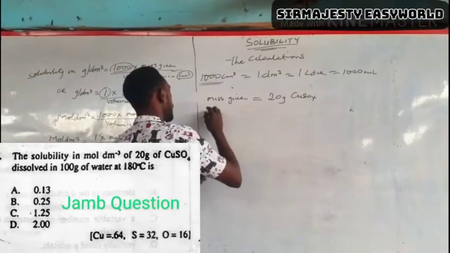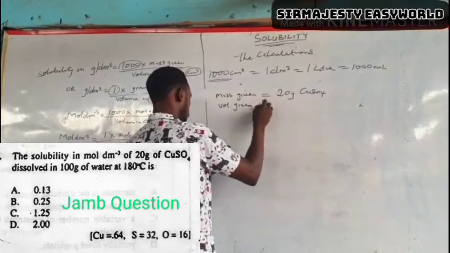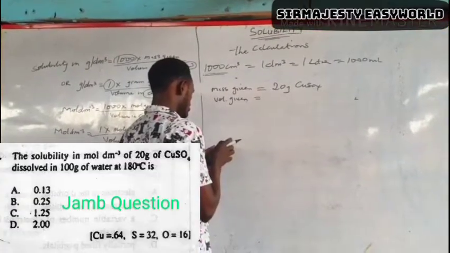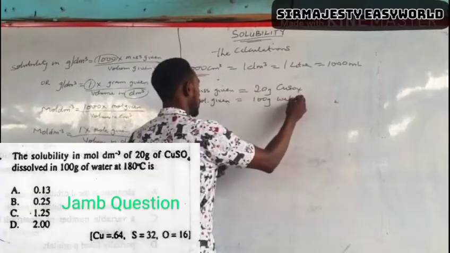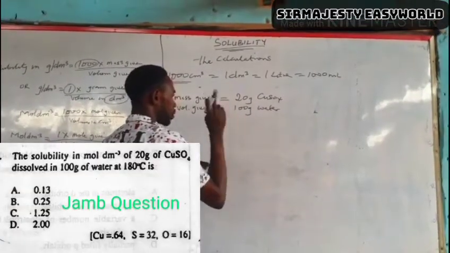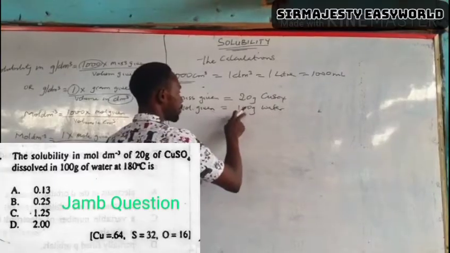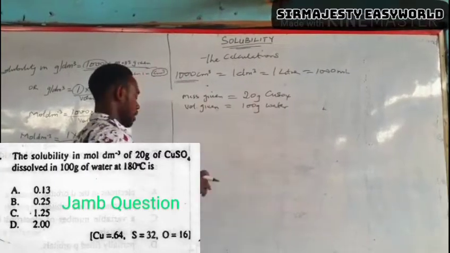Next thing is the volume given. The volume given to us there is 100 grams of water. Remember, I told you that 1 gram of water is equal to 1 cm³. So this is a volume. This 100 grams of water means 100 cm³ of water.